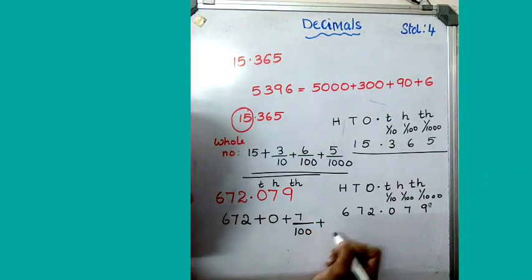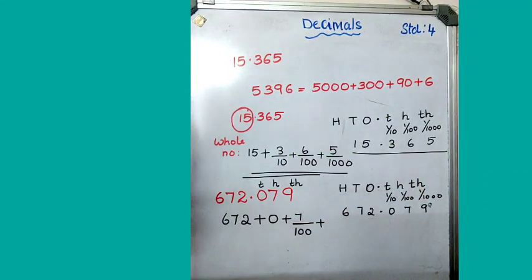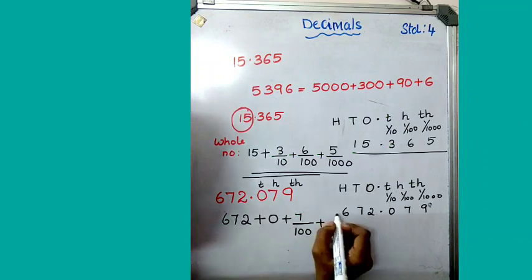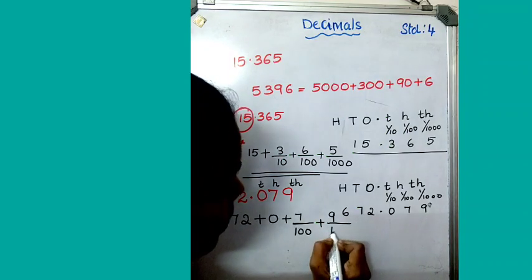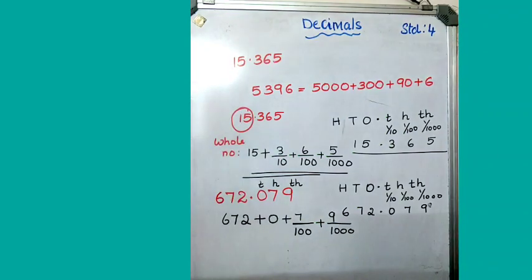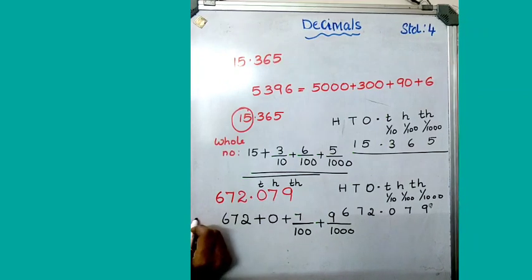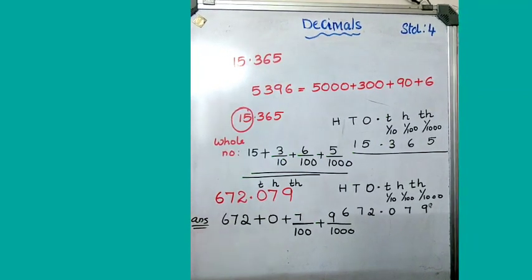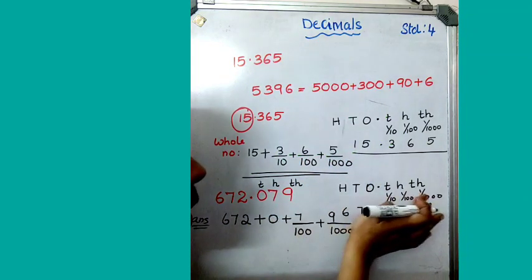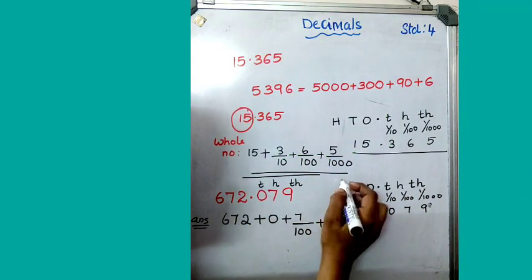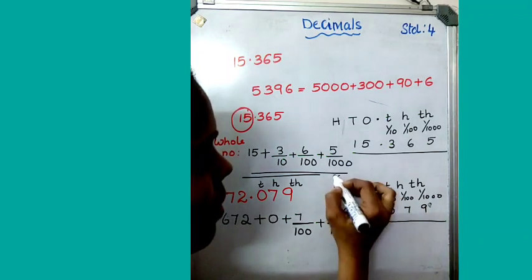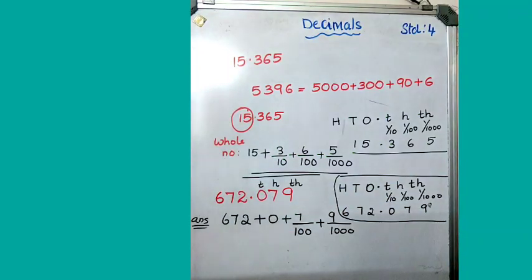Then plus, this is in the 1000th place, so we can write 9 as 9 by 1000. This is the answer. If you have any confusion, then write this in the working column and find out the number. Okay. It will be an easier method to find the expanded form.